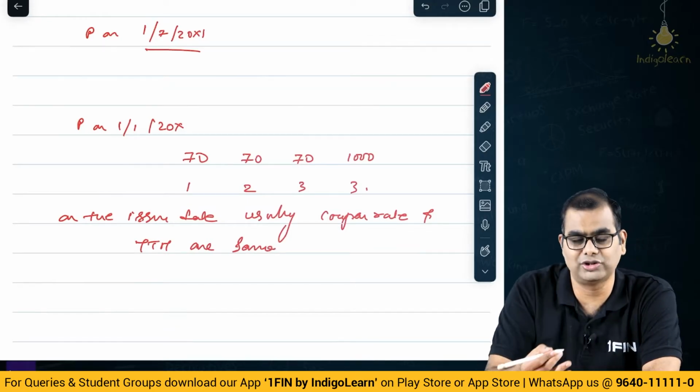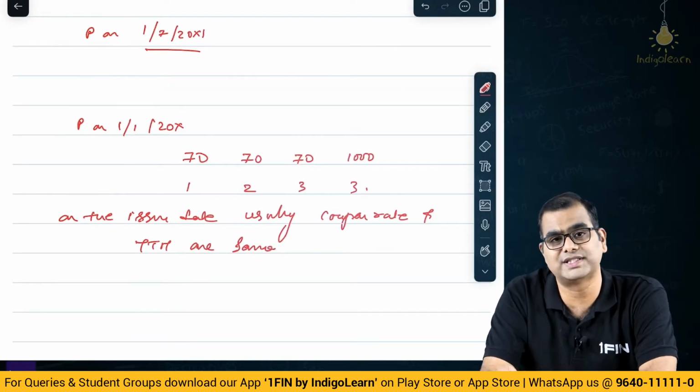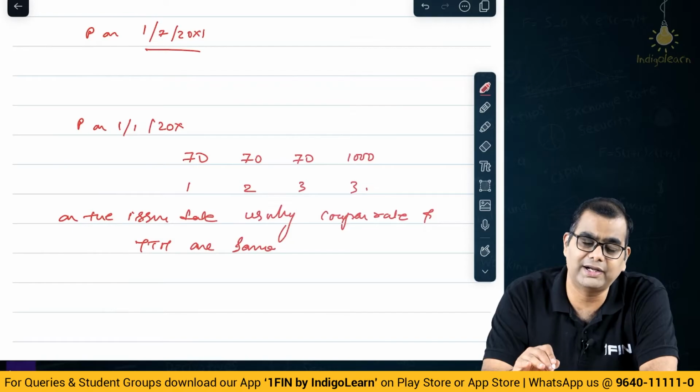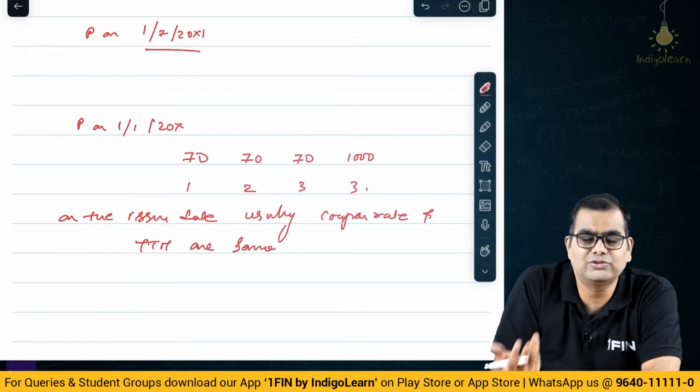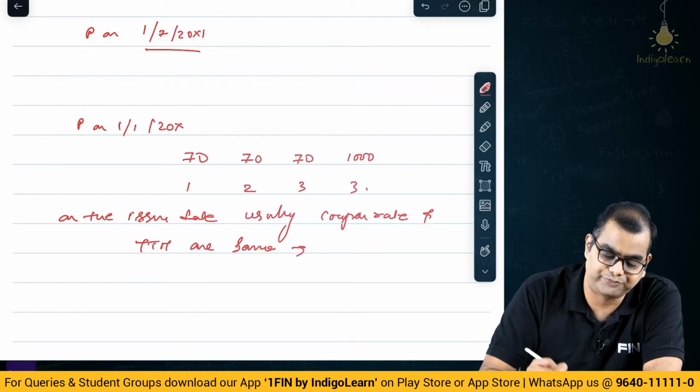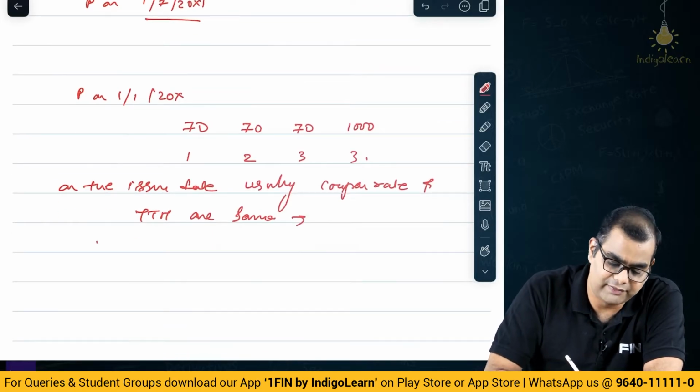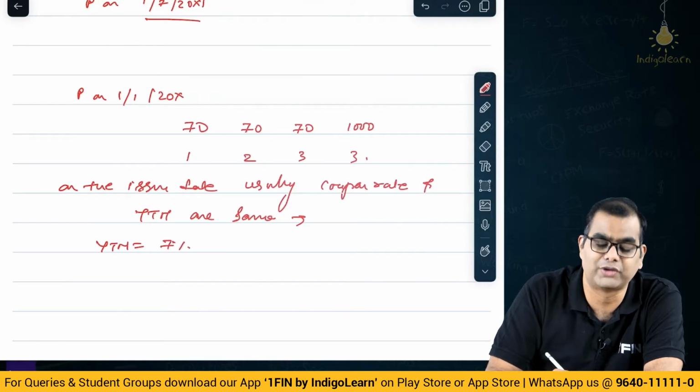Because you are issuing the bond, you know what is the yield of a similar instrument in the market. So, you will put the coupon as equal to the yield, because you are the company who is issuing the bond. So, they are same. YTM is equal to 7%.